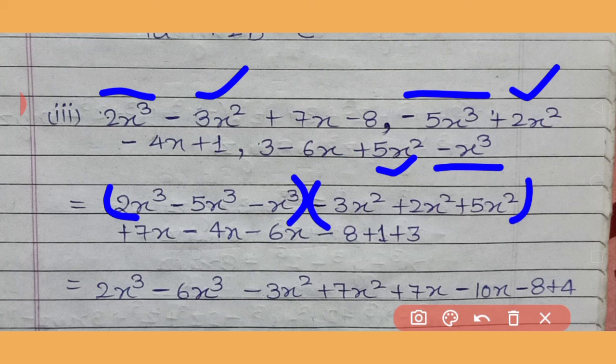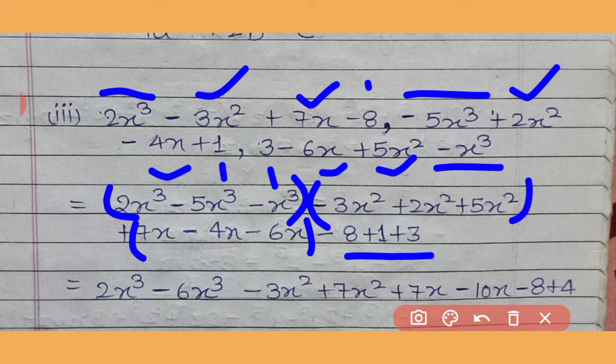And third, x terms: 7x, minus 4x and minus 6x we will put together. And last remaining: minus 8 plus 3 and 1 we will put here.